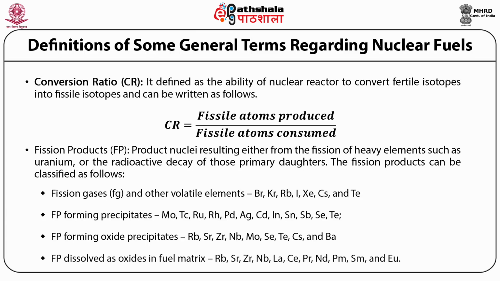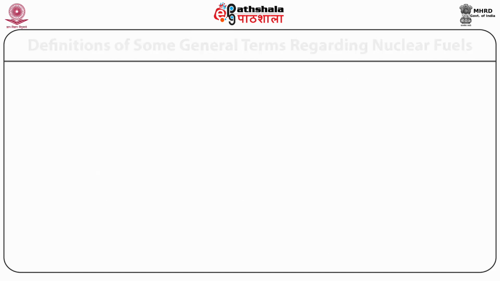Last is FP dissolved as oxides in the fuel matrix: Rb, strontium, zirconium, niobium, lanthanum, cerium, Pr, Nd, Pm, Sm and Eu.